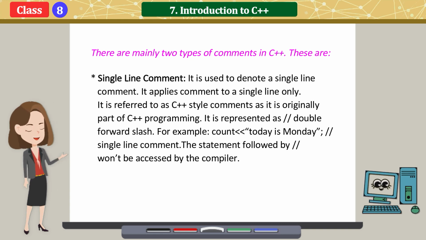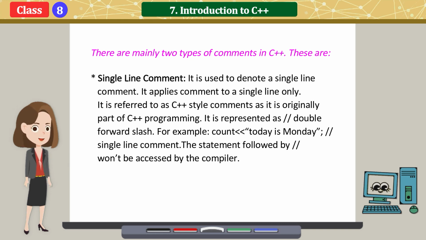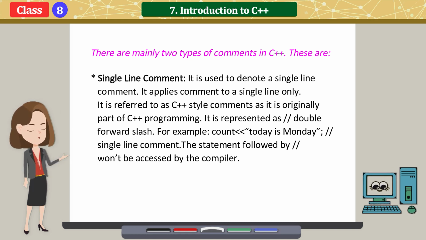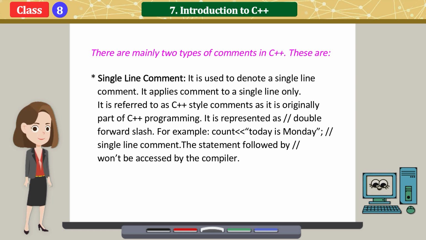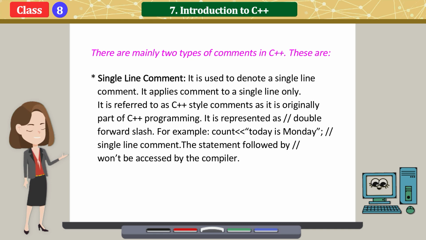It applies the comment to a single line only. It is referred to as C++ style comments, as it is originally part of C++ programming. It is represented as //. For example, // today is Monday, single line comment. The statement following // won't be accessed by the compiler.